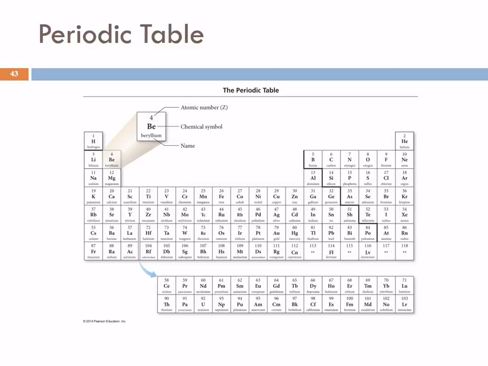So on the periodic table, which you will always have access to on an exam, we'll have the one on the wall, and I'll also give you a clean blank periodic table that you can use and do whatever you want with. So we'll always have this. So we can look at this and say, oh, beryllium. Every beryllium atom has 4 protons in its nucleus. We could look at gold. Every gold atom has 79 protons in its nucleus. So that information is right there on the periodic table.